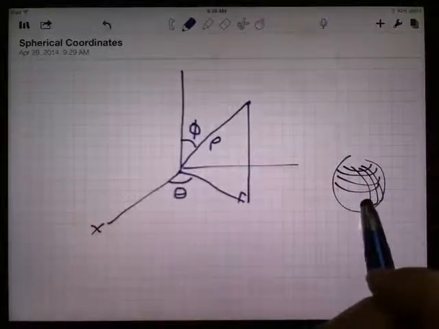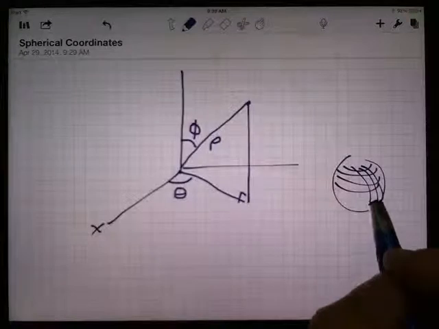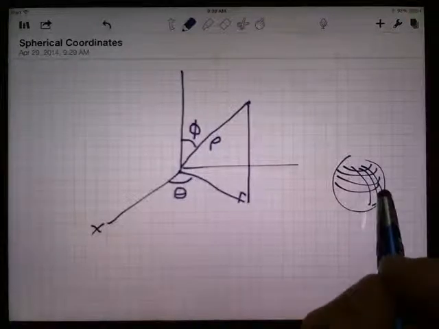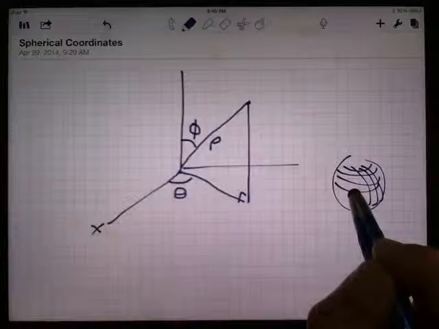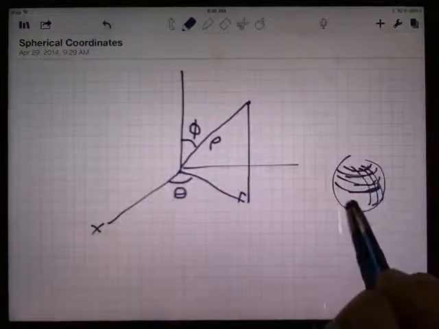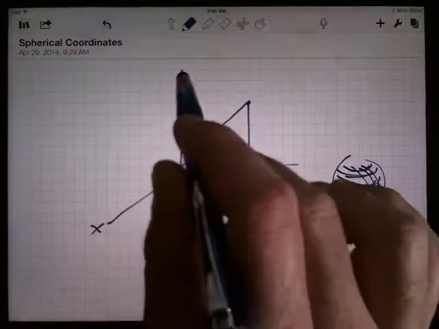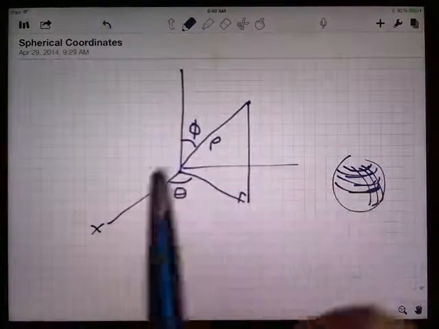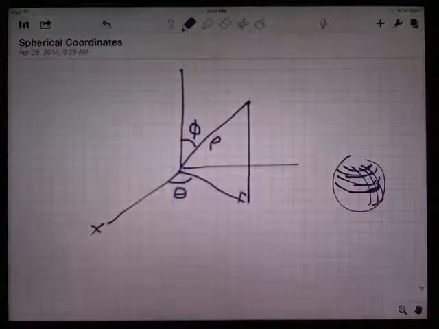Those are angles measured from the center of the Earth. The difference is that latitude is measured with 0 at the equator and going up from there, whereas we're measuring 0 from the North Pole essentially and going down. So very closely related to longitude and latitude, but not exactly.